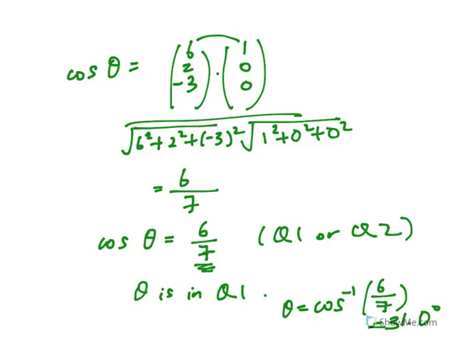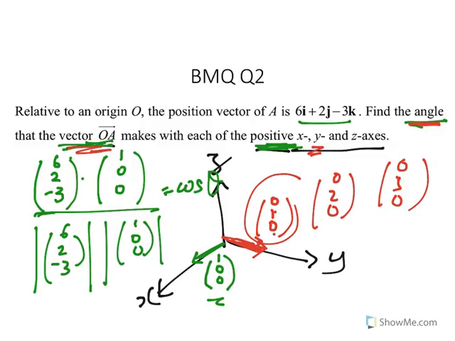For the last one, we are going to find the angle between vector OA and the z-axis. Using a different color, for the z-axis I'm going to use a vector that lies on the z-axis, 0, 0, 1. Again, this vector is not unique.